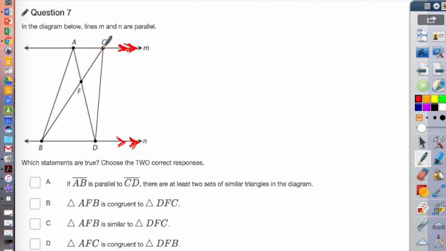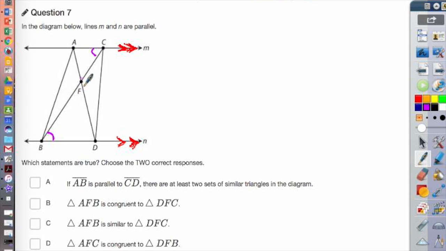This transversal line is going to create some alternate interior angles. So this angle here, angle ACF, and then this angle here, DBF, are going to be congruent.